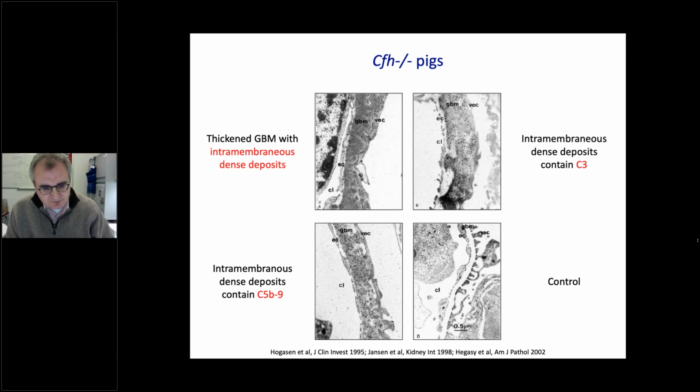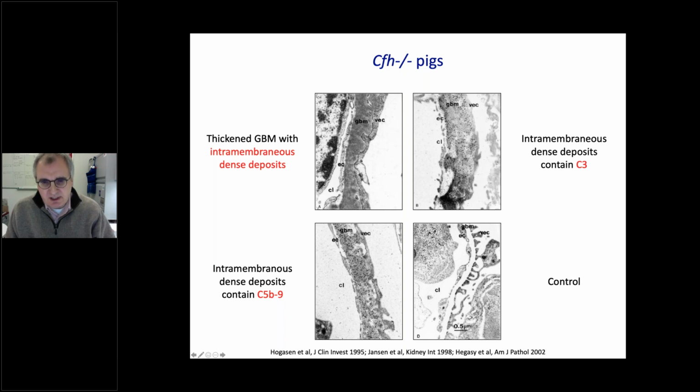There's some literature on a naturally occurring factor H deficient pig strain, and those animals died from renal failure, and electron microscopy of their renal biopsy showed very strong deposition of C3 and C5b9 in their basement membrane, and showed on plain EM this swollen basement membrane at the top left, as opposed to the control at the bottom right.